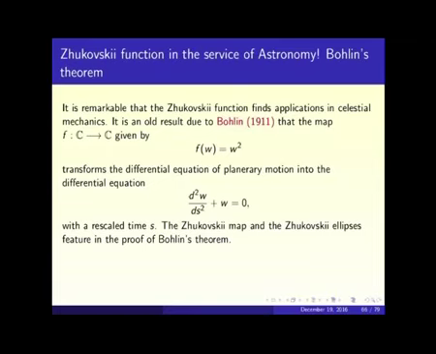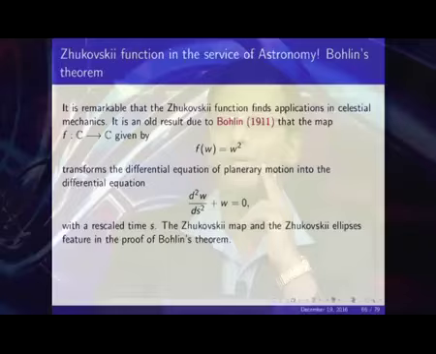Bohlin's theorem says that there is a very explicit transformation which transforms a very complicated system of differential equations, namely the differential equations that govern the motion of the planets around the sun, the two-body problem, the sun and the planet.